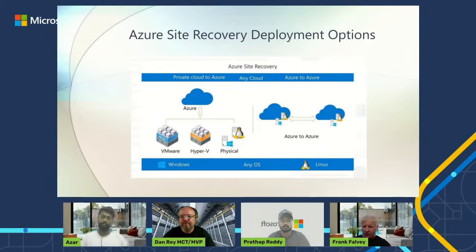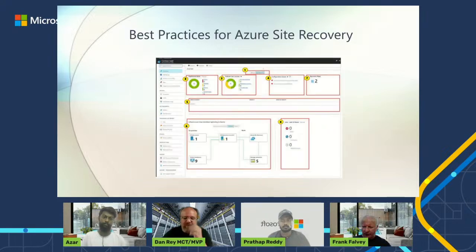So just go on to the next slide. So yeah, this is kind of like best practices for your Azure Site Recovery. So before you actually start it, you need a recovery plan. And the first steps to build a disaster recovery plan, right, is to test it fully and to verify its effectiveness, and then implement it.